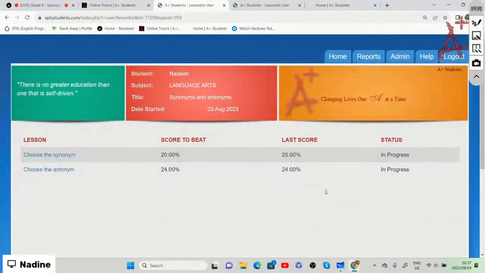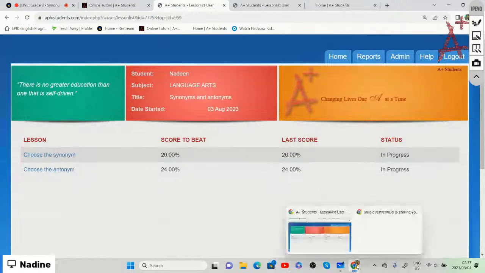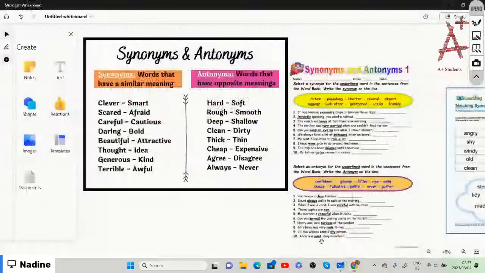So before we end off, let us do an activity. We said a synonym is words that have similar meaning, and an antonym is words with opposite meaning.